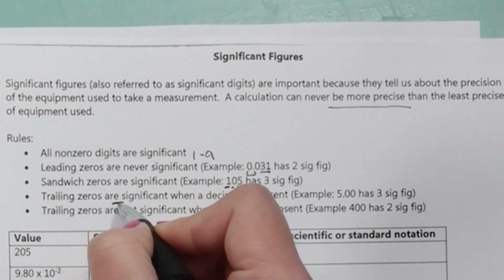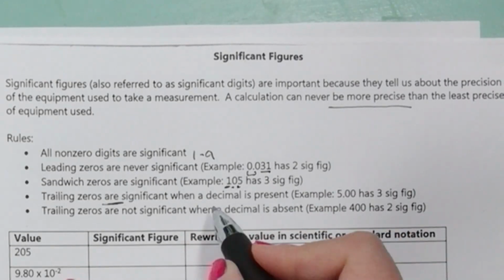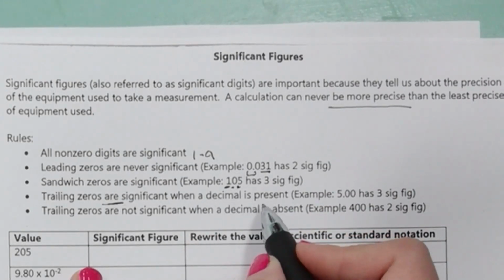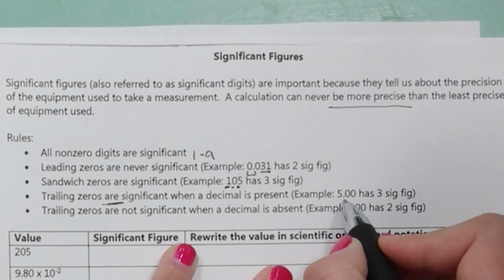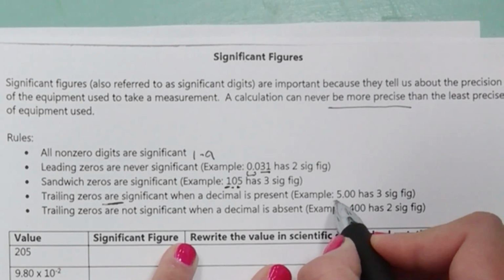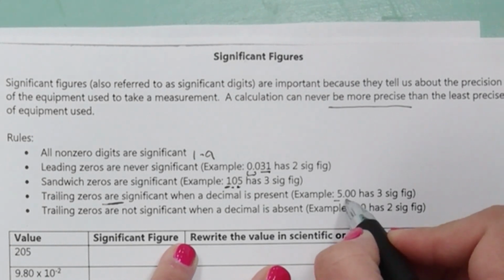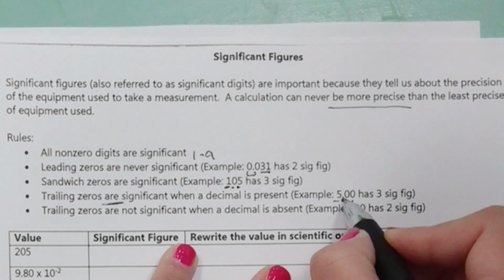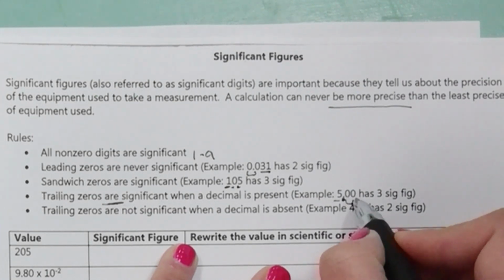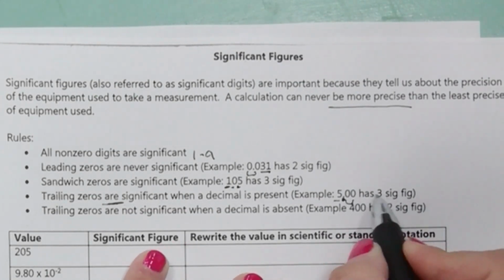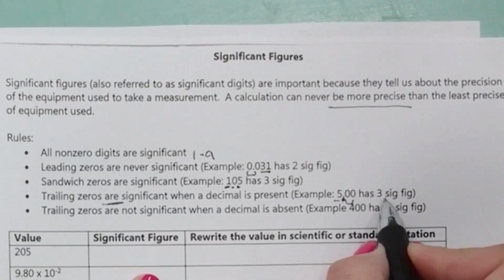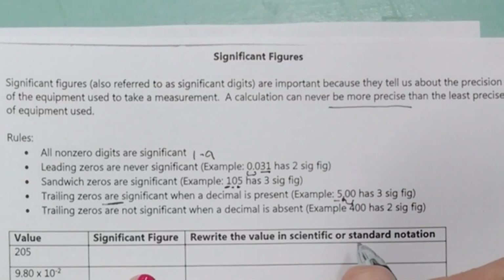So in my example here, I started with a whole number, so that 5 is significant. Now, these zeros have been locked in by a decimal. This decimal locks these zeros in. Therefore, 5.00 has 3 significant figures.